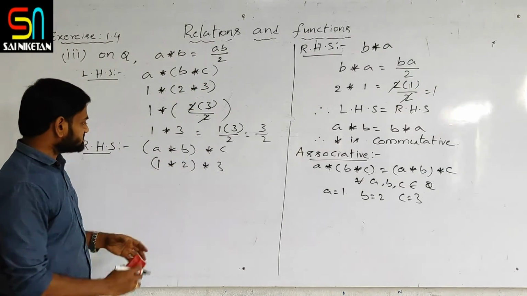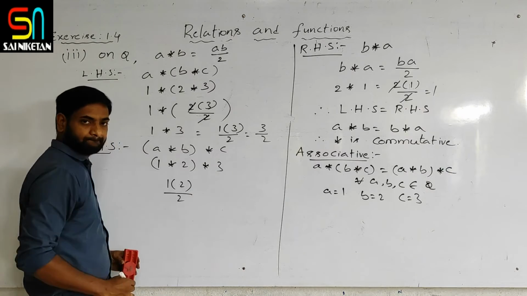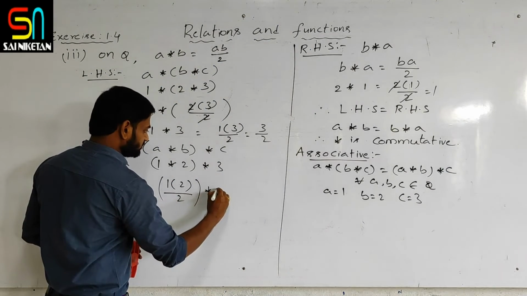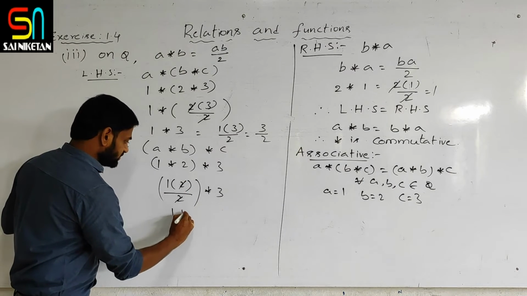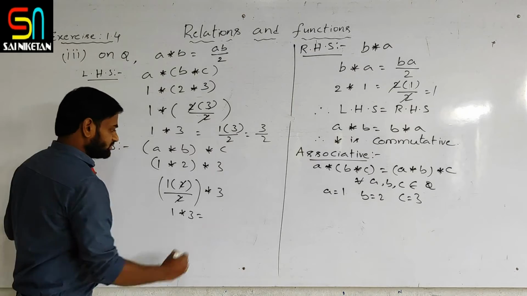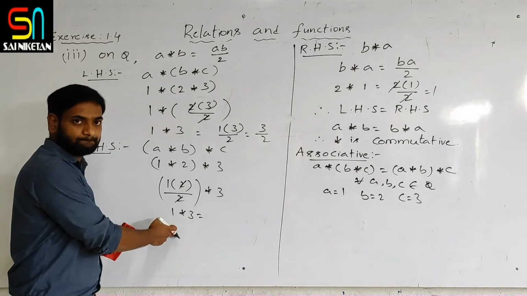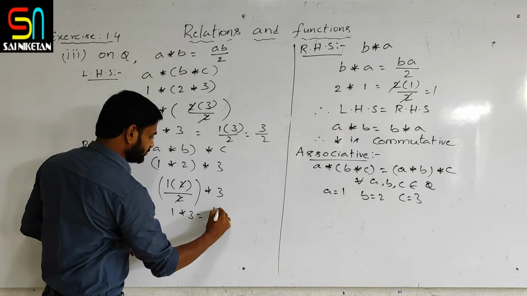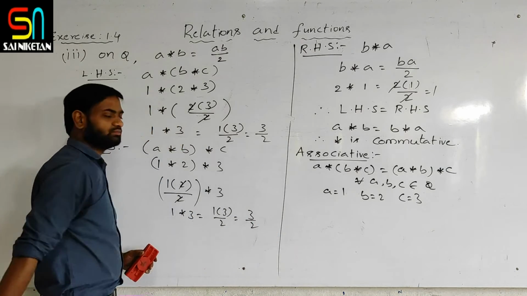So 1 star 2 means 1 into 2 by 2. Close the bracket. Star 3. So 2 to get cancelled. So remaining is 1 star 3. So 1 star 3 means again in the form of A star B. So apply the operation A into B by 2. That is 1 into 3 by 2. It is 3 by 2.